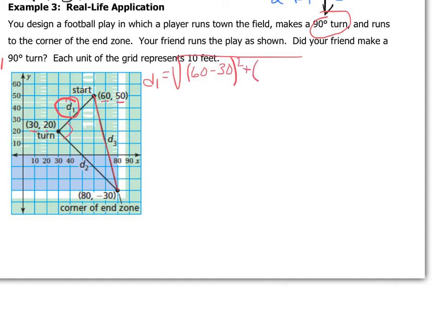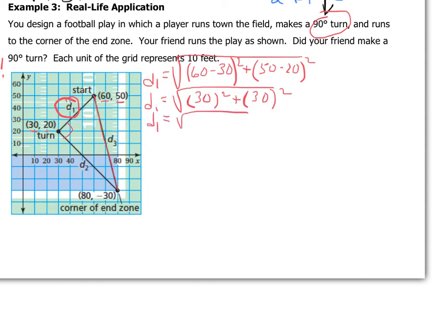The y's would be 50 minus 20 squared. D1, again we're going to keep that radical sign for a while. I get 30 squared plus 30 squared, which is going to give me 900 plus 900. It's going to give me the square root of 1800.